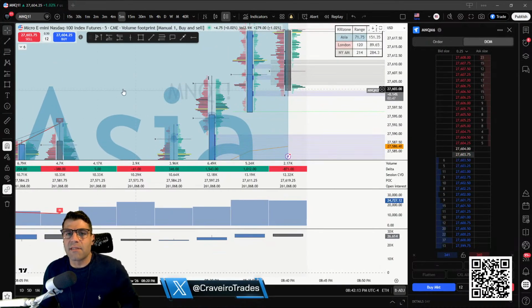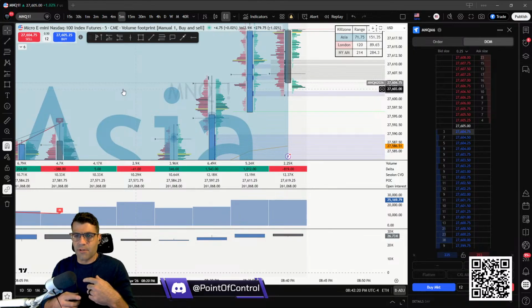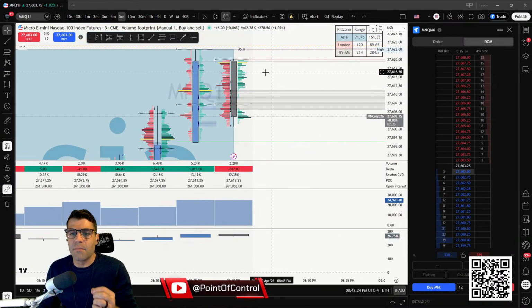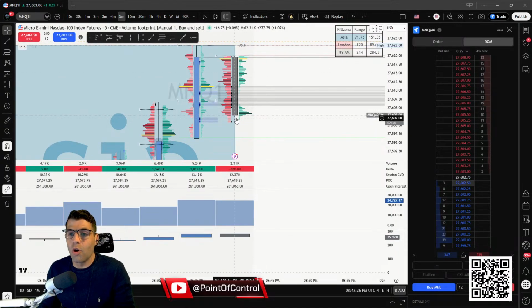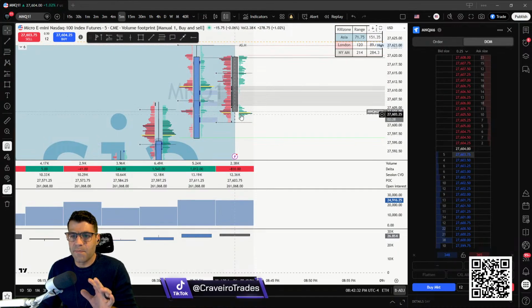So I want to see a CVD divergence first, or a delta divergence, paired with a delta divergence, doesn't matter the order. And then I want to see a candlestick in the opposing direction close with at least 5 levels of imbalance, which we have here, right?